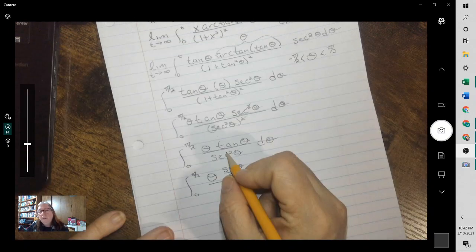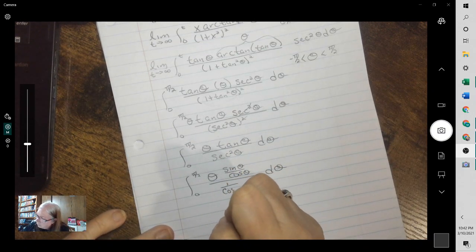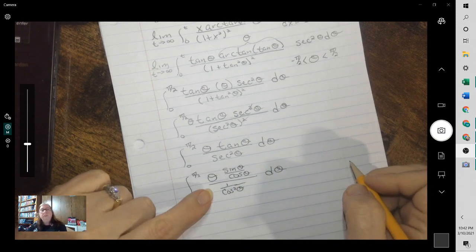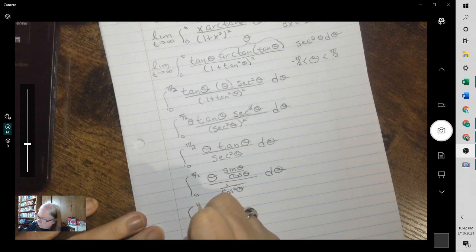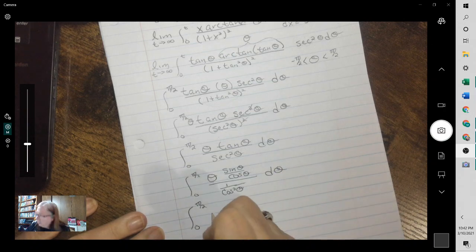Secant squared, 1 over cosine squared. What do we do when we're dividing by a fraction? We flip it and multiply.